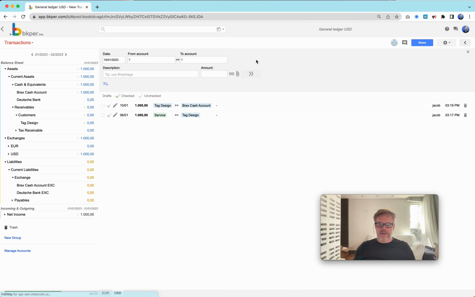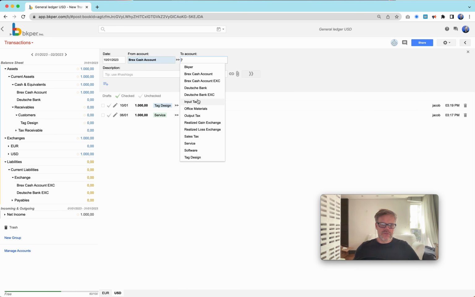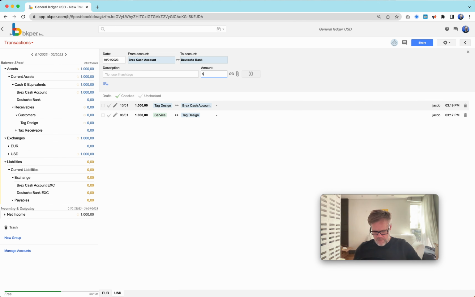So let's book that. We'll send from the Brex cash account to the German bank account, and we send half of the money that we have on our bank account here. If I book this, the exchange bot will grab that, apply the current exchange rate, and book that on the euro book.